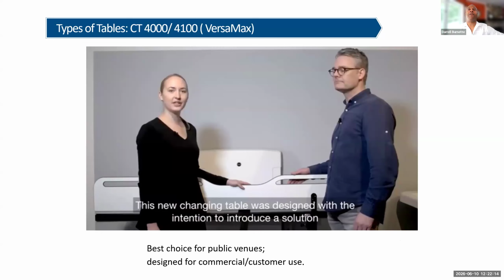So we needed a table that was a strictly change table only, no shower, because you didn't want to pay for the extra bells and whistles for the shower if you knew it was going to be in a dry area. So this is when they developed the CT 4000 and the 4100 for the US.